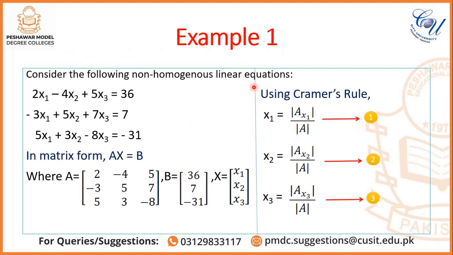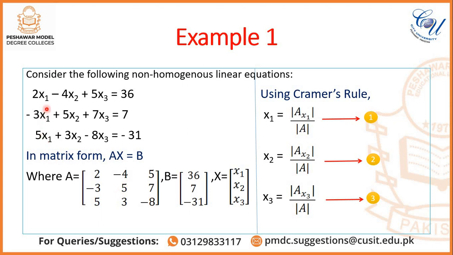Now consider an example to find the solution of a non-homogeneous linear system using Cramer's rule. This is the system of non-homogeneous linear equations. First we convert the system into matrix form, that is Ax is equal to b, and first we find the coefficient matrix, that is A is equal to this.